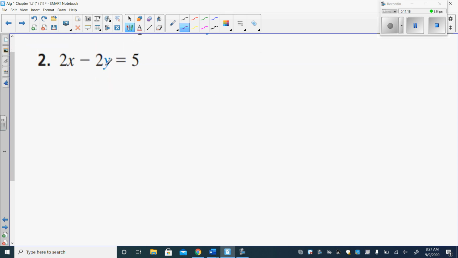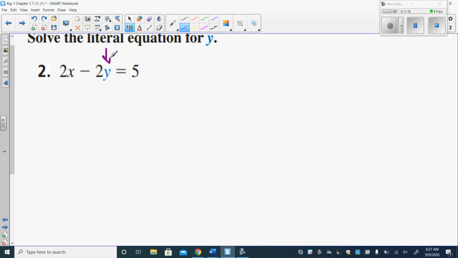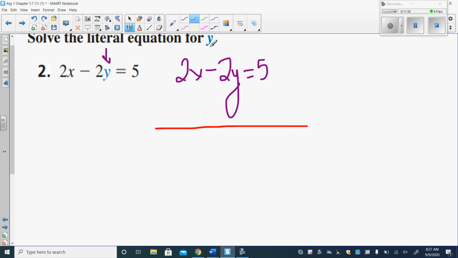Now looking at this one here, again, we're solving for y. We don't always solve for y, but these here want us to solve for y. So we want to get y by itself. So I have 2x minus 2y equals 5. The first thing I want to do is add or subtract anything that's on the same side as y. So we have 2x.